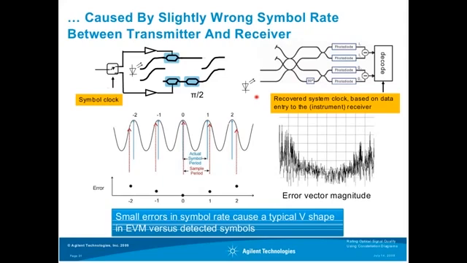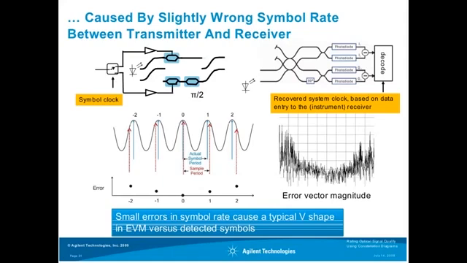If there's a slight misalignment between these two symbol clocks, you get a kind of fading that is represented by the different periods of the actual symbol clock and the sample symbol clock, and this leads to this pronounced V-shape of your error vector magnitude.